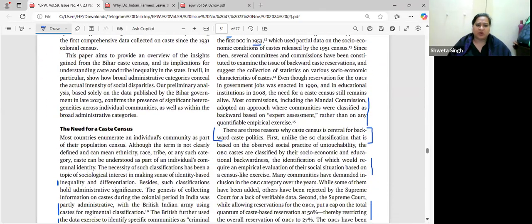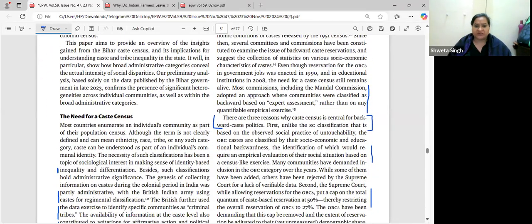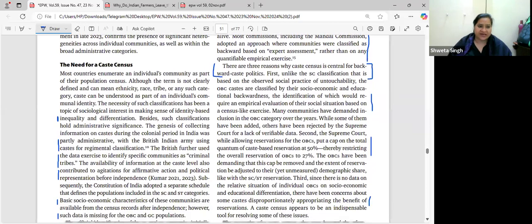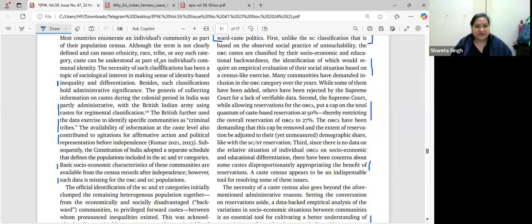Then, for the students reflecting upon it, what is it that we get to understand? With respect to this, there is a specific sentence I really appreciated. When we are collecting such data, such classifications, it gives us an idea about identity-based inequality and differentiation.